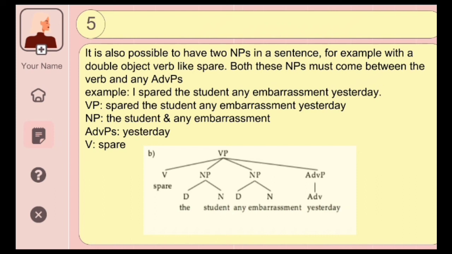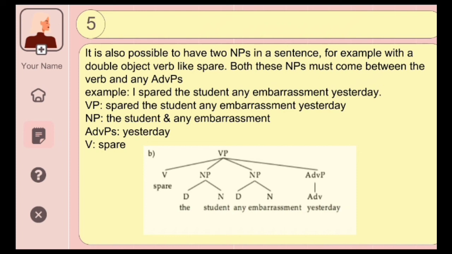Determiner is the word the, noun is the word student. And our second noun phrase consists of a determiner and a noun, of course. The determiner is any, noun is embarrassment. And our adverb phrase, which is an adverb, is yesterday.